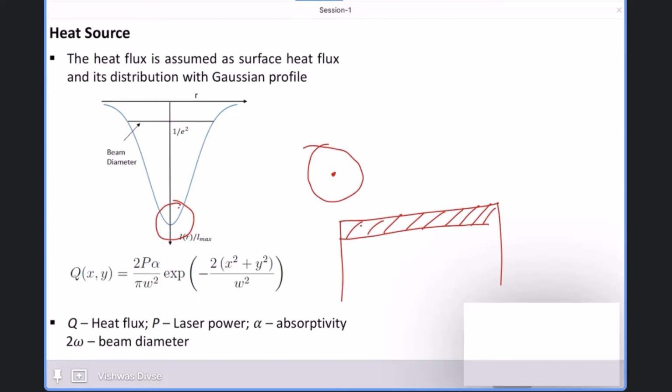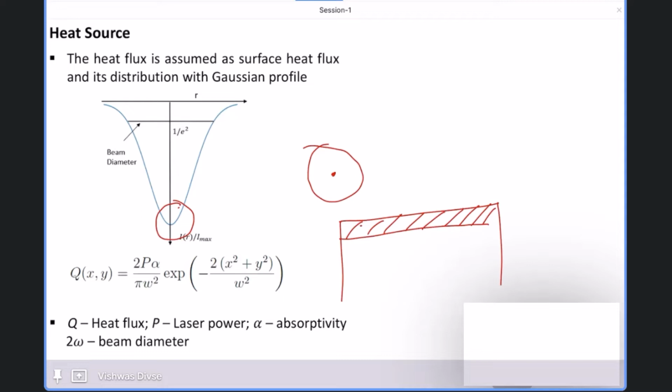So that's why it is very reasonable to model this heat source as a surface heat flux, not as a body heat flux. Body heat flux tries to heat up the whole body at once, but laser heat source is not like that. Intensity is definitely very high, but the absorption is not throughout the volume. It is just on the surface.